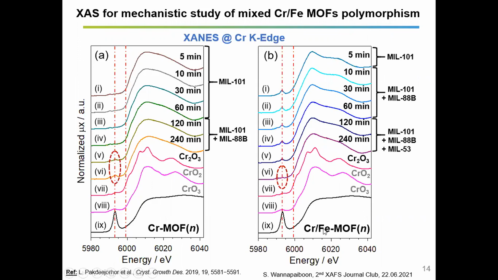But in the case of having iron inside, you see a rather big pre-edge peak at the formation of MIL-101, meaning that some symmetry inside the mu3O clusters of MIL-101 deviates from the normal structure in the chromium case. Details about this will be discussed later in the X-ray part.